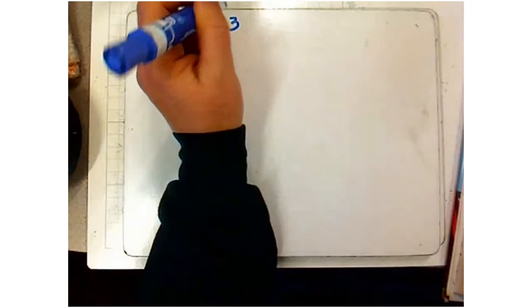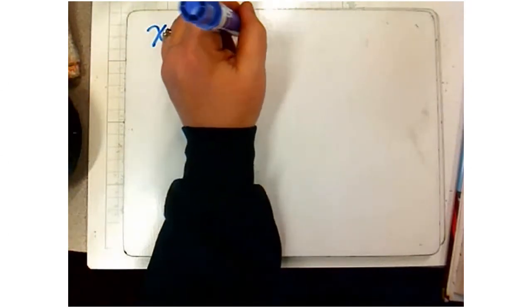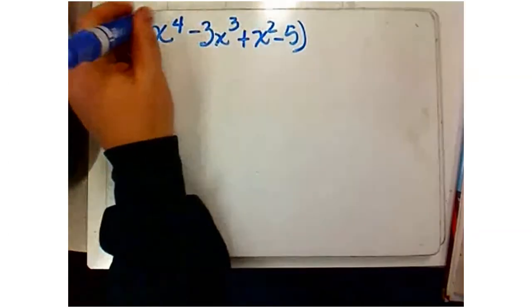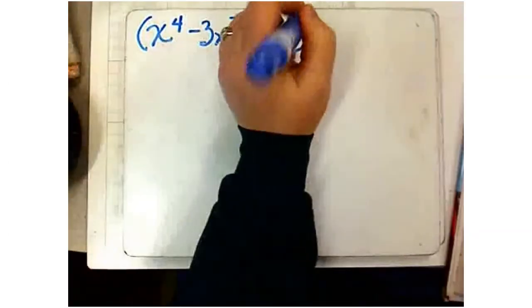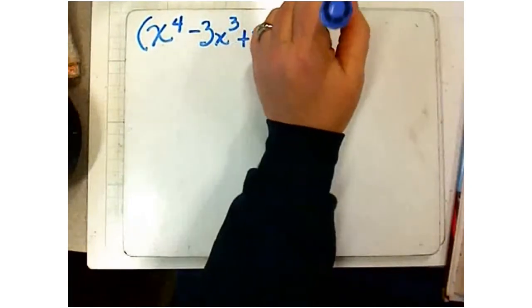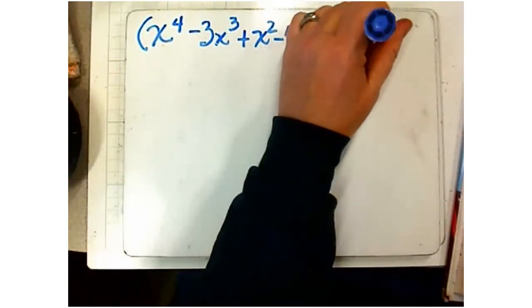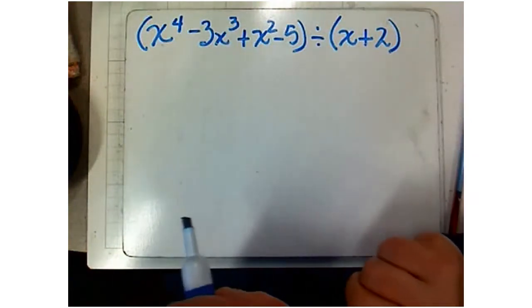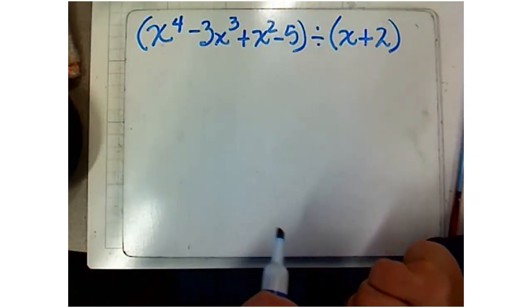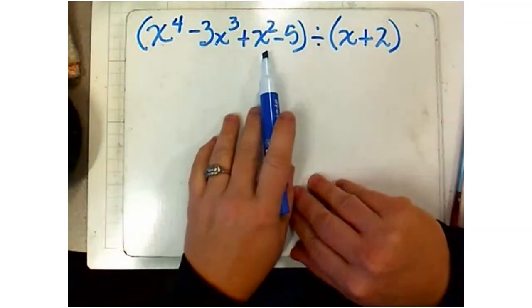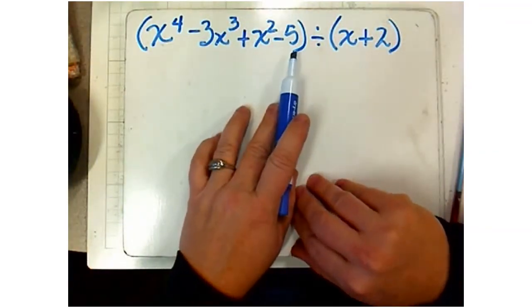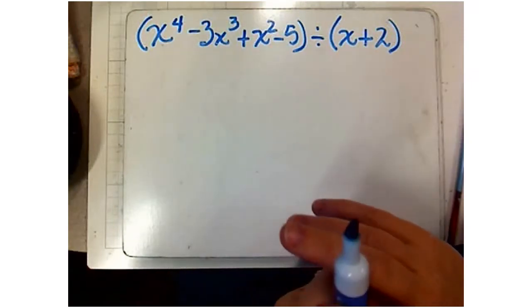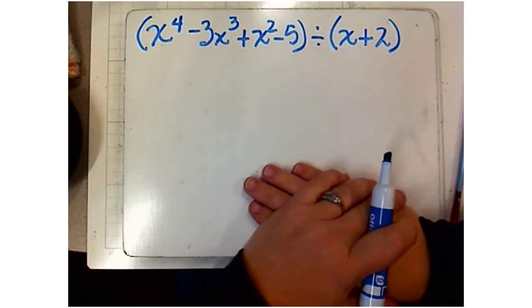X to the 4th minus 3x to the 3rd plus x to the 2nd minus 5, that whole quantity, is divided by x plus 2. Again, you just read it very carefully.